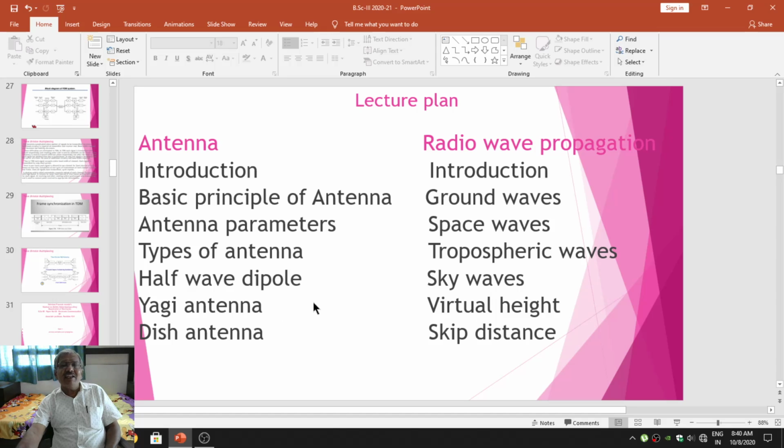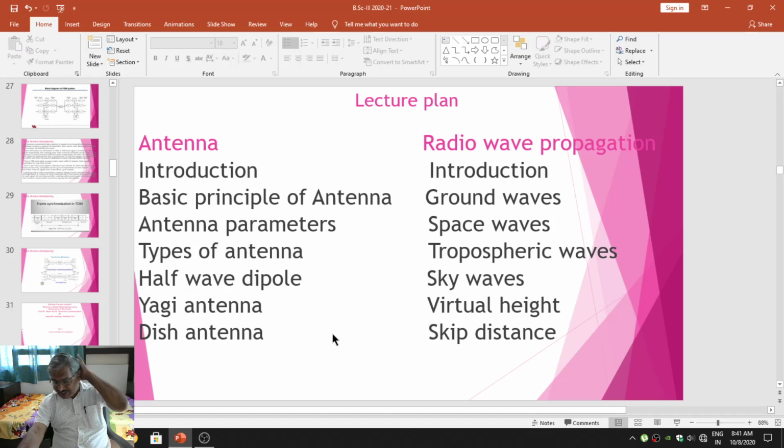Now this Yagi antenna is everywhere replaced by means of a dish antenna, which are made up by different companies. So we are going to study these antennas in detail.